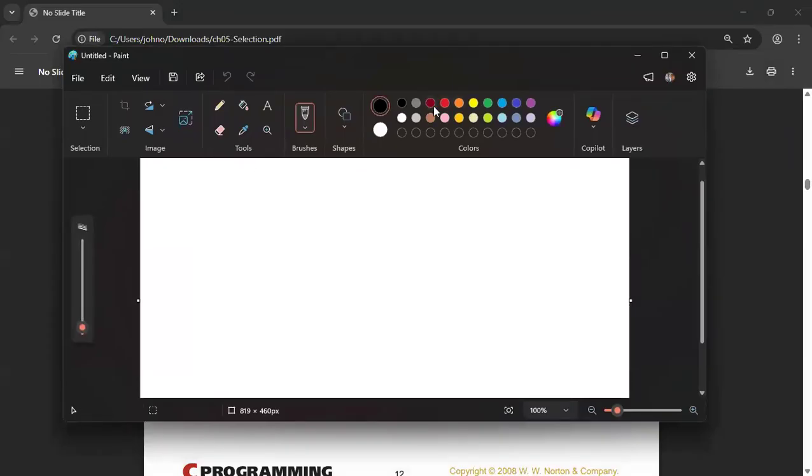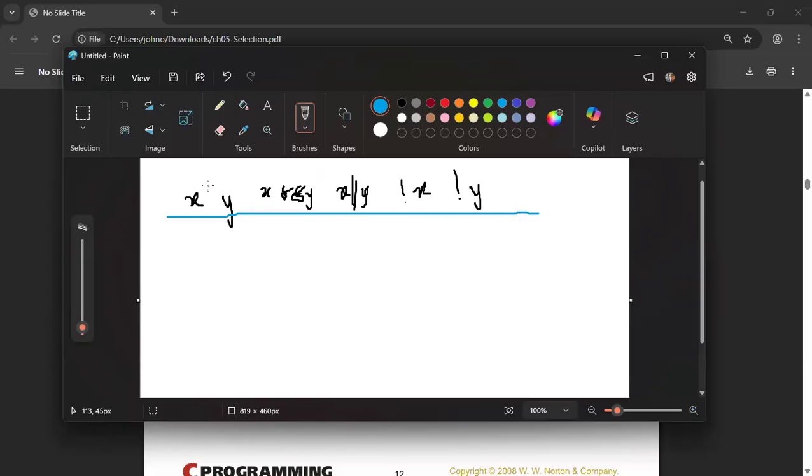So last time I said we can have x, we can have y, we can have x and y, we can have x or y, and then we can have not x, we can have not y. So we add something like this and we try to separate them.